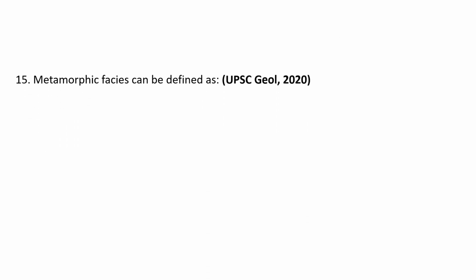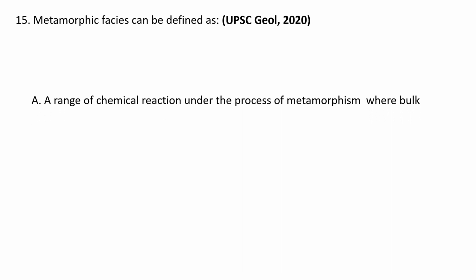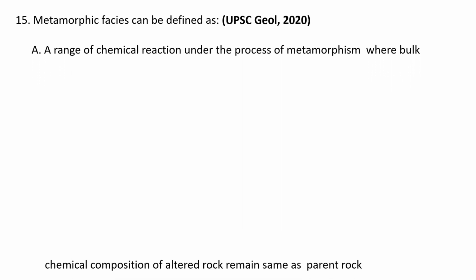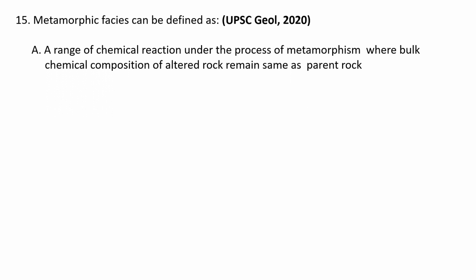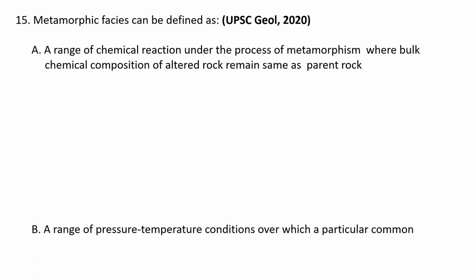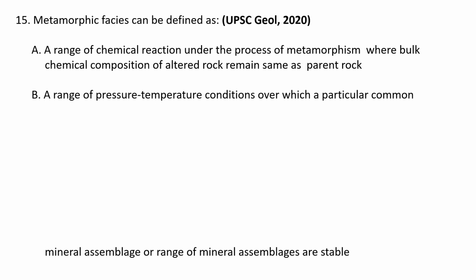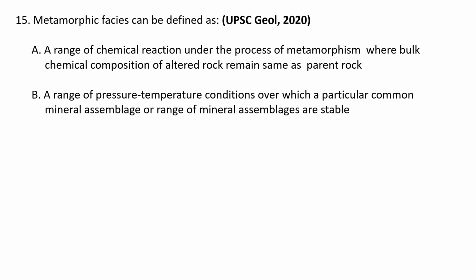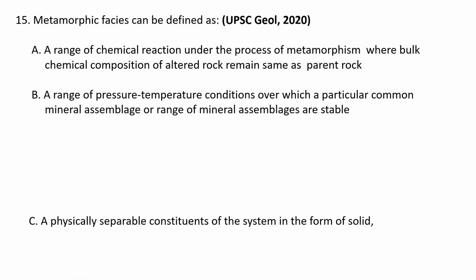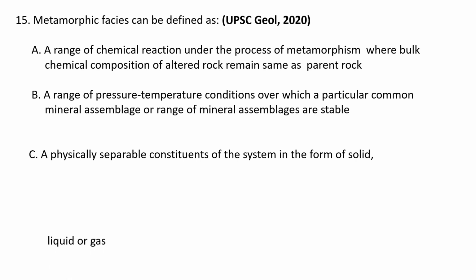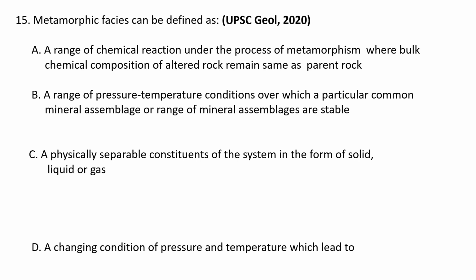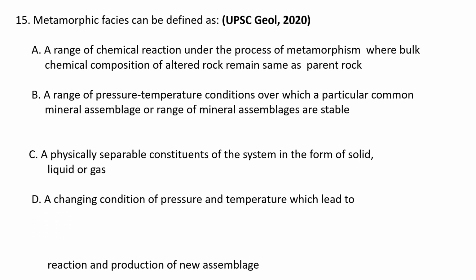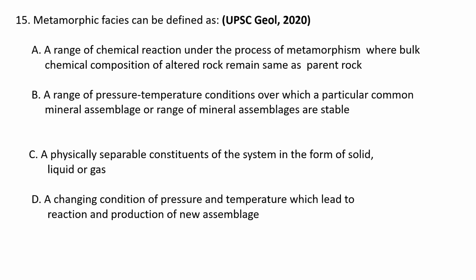So coming to the 15th question, metamorphic facies can be defined as A. A range of chemical reactions under the process of metamorphism where bulk chemical composition of the altered rock remains the same as the parent rock, and B. A range of pressure temperature conditions over which a particular common mineral assemblage or range of mineral assemblages are stable, and C. A physically separable constituent of the system in the form of solid, liquid or gas, and D. A changing condition of pressure and temperature which leads to reaction and production of a new assemblage.